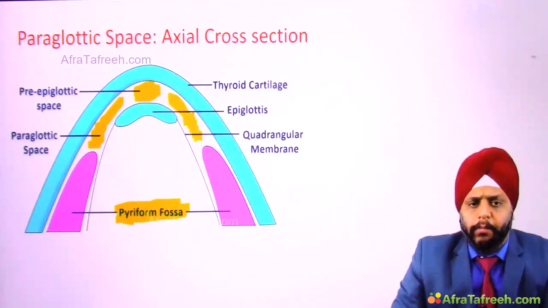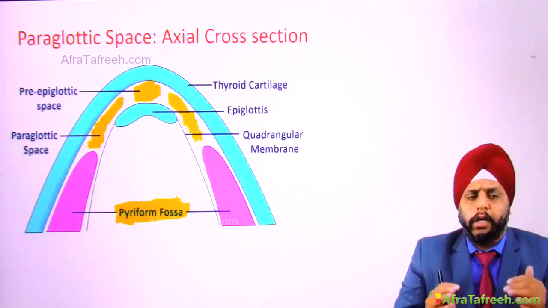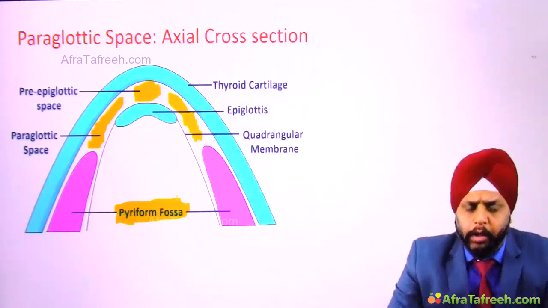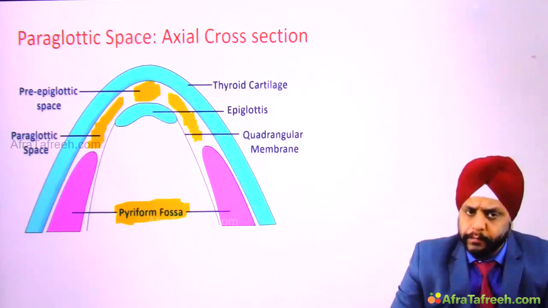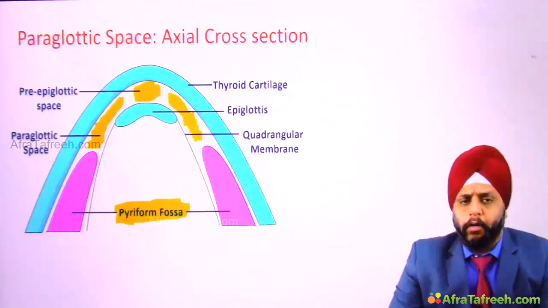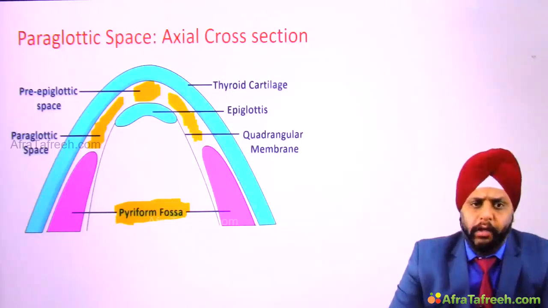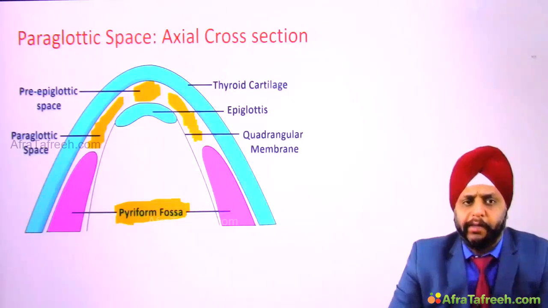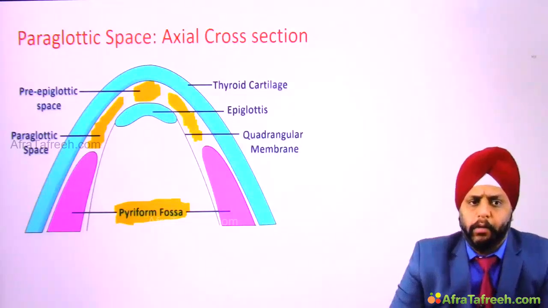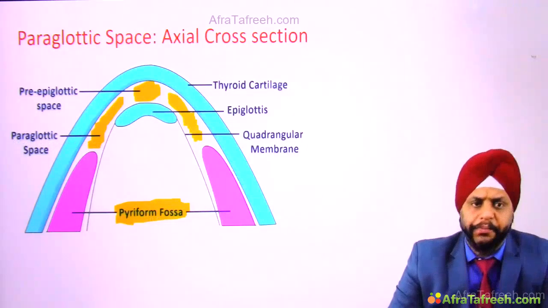So remember, the pyriform fossa forms the posterior boundary of the paraglottic space, right? So this is the paraglottic space in axial cross section. We have converted the coronal into axial. At one particular point we can see the two spaces, pre-epiglottic and paraglottic, together.